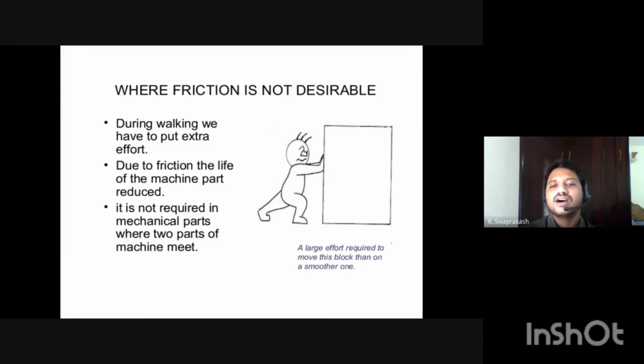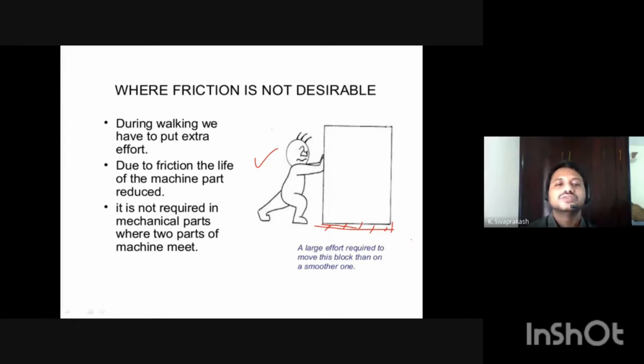Similarly, in the diagram, this is a hard surface. If you want to move this object sideways, we need to apply some extra force, because the friction force is more. The hard surface means surface irregularities are more, so compared to a smooth surface, we have to apply more effort.